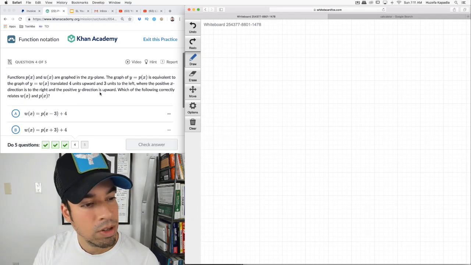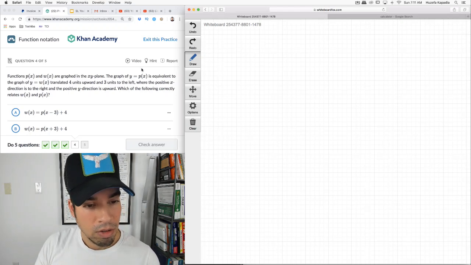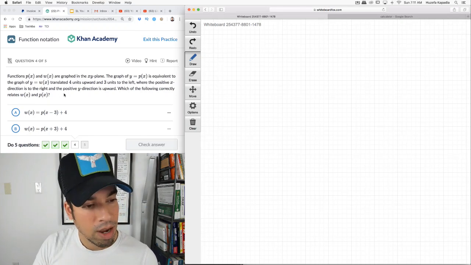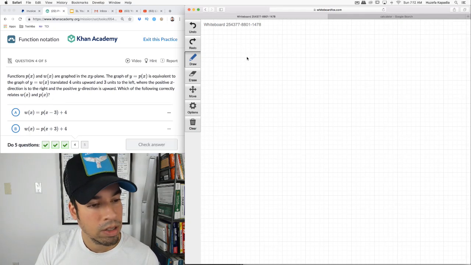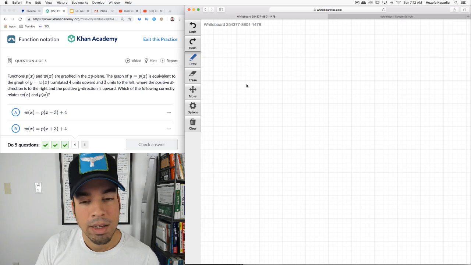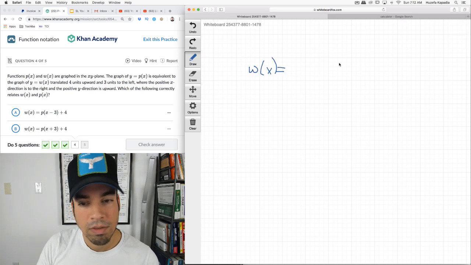Next, functions p of x and w of x are graphed in the xy plane. The graph of p of x is equivalent to the graph of w of x. So p of x is equivalent to w of x. I got it. So if w of x is translated 4 units up and 3, so it's like this.